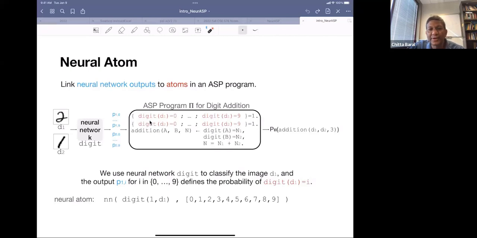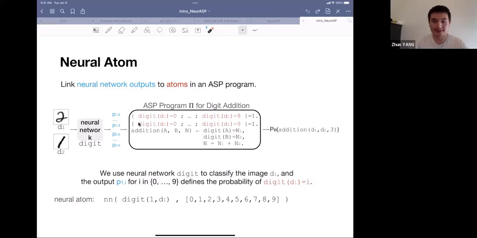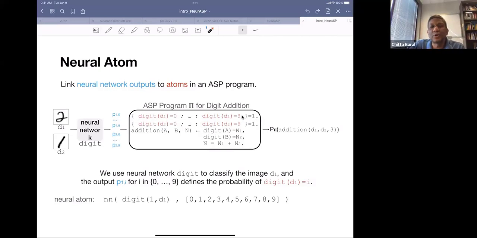Otherwise, it would generate some answer sets without any digits. This is the Clingo syntax that we can use, equals 1, to express 1 on the left and 1 on the right. So it's basically saying that in each answer set, you should pick exactly one of these. And similarly, here you pick exactly one. So this is the Clingo syntax of it.